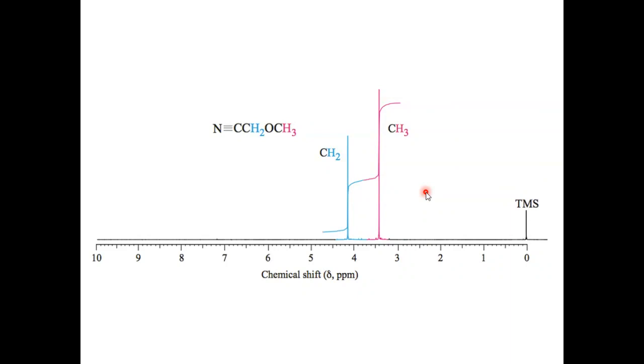Okay, then look at the chemical shift value. Why is the red proton only around 3.4 ppm, and the blue proton 4 point something ppm? Because the red proton is only under the direct influence of an electron withdrawing group, the inductive effect.